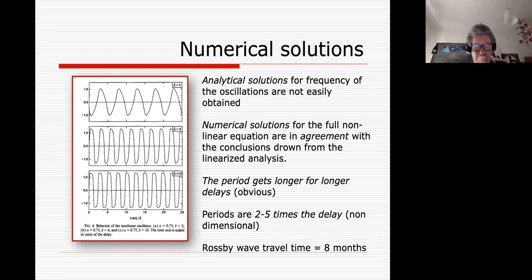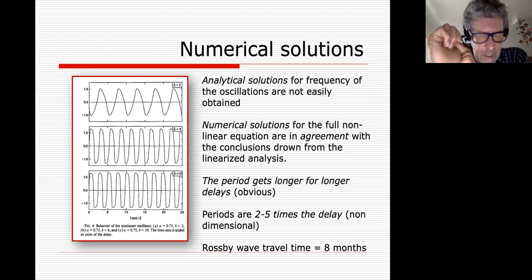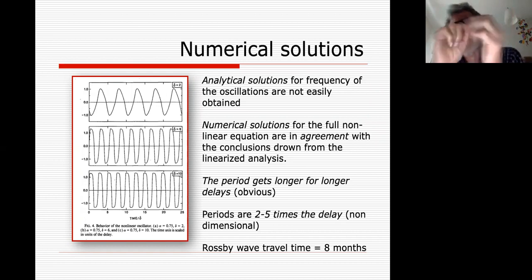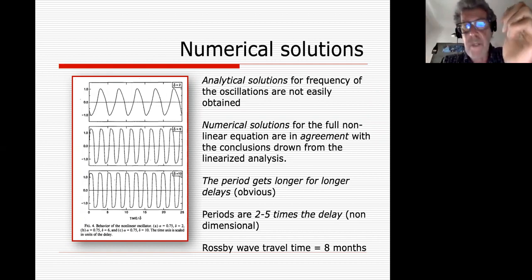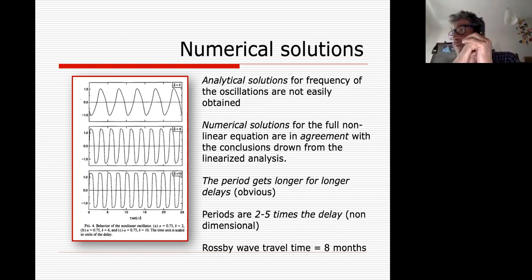From the analysis of a simplified or linearized version of the delayed oscillator model, we understand that the wind-driven Walker circulation is a self-amplifying mechanism that is important to define the solution. For a realistic definition of the negative feedback and the positive feedback, we see that the solution that we found will be an oscillating one.